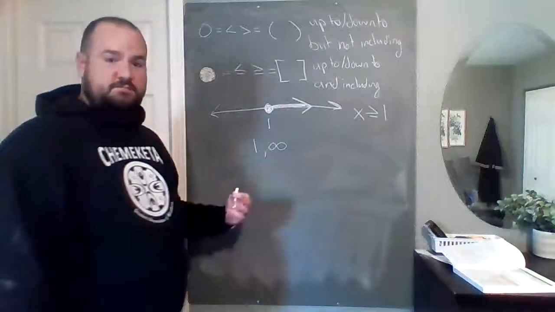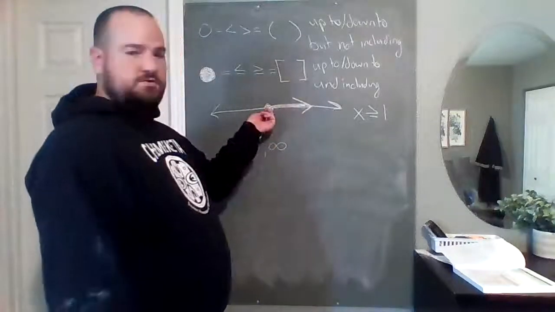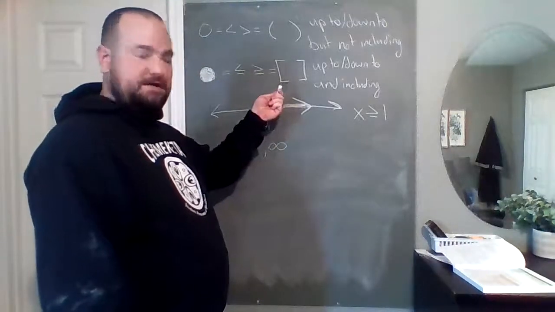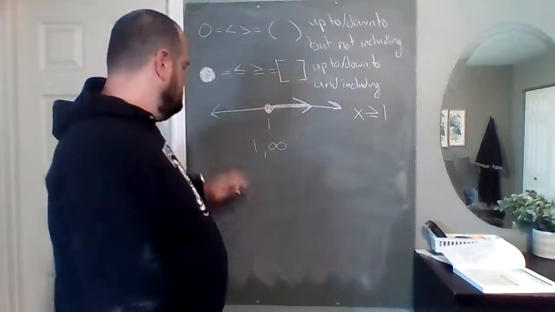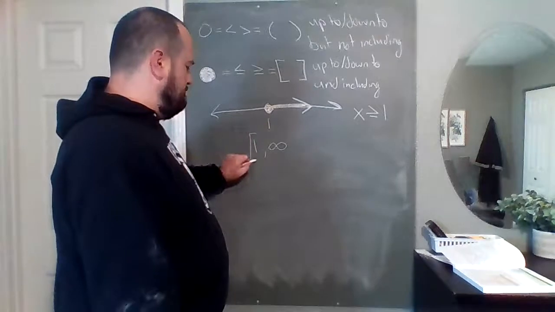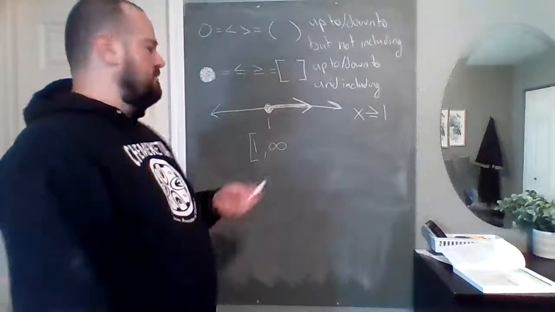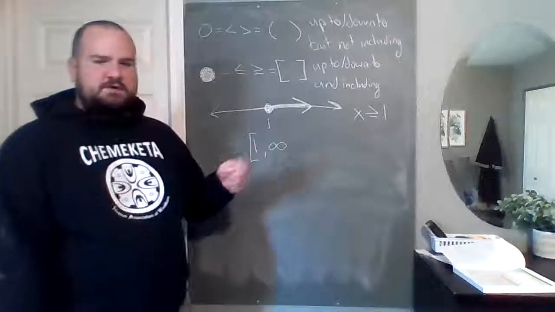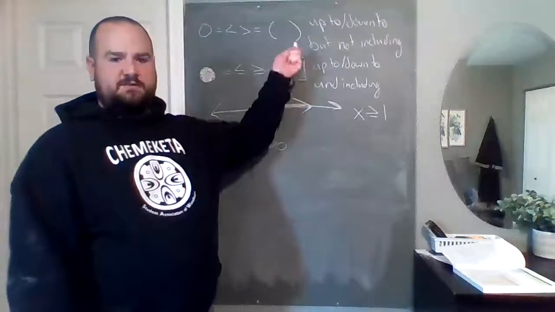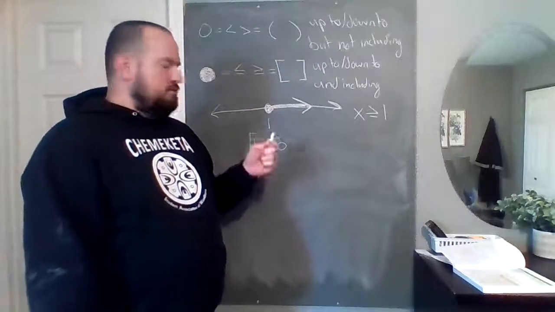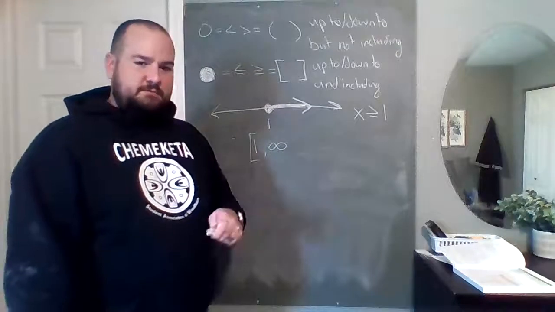Now we need to figure out our end symbols. Well, this is a closed circle again, so closed circle is bracket. So it's opening, right? We're not going to put a bracket like this. That's silly. Can't really see that. We're going to have a bracket like that. Now, what about infinity? Do I ever include infinity? Does infinity get a bracket or does it get a parenthesis? Well, is infinity actually a number?